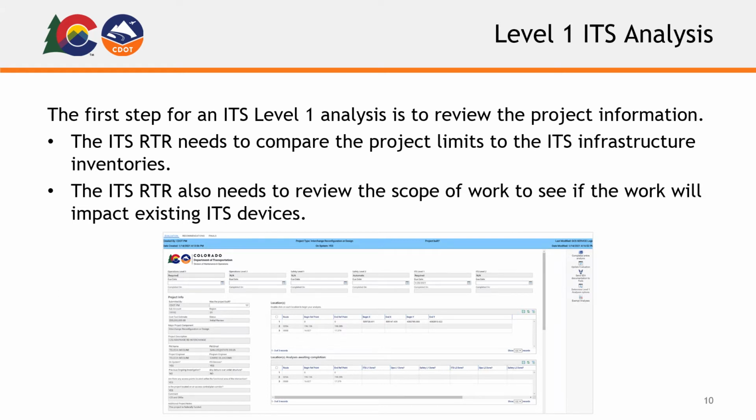The first step for an ITS Level 1 analysis is to review the project information. The ITS RTR needs to compare the project limits to the ITS infrastructure inventories. The ITS RTR also needs to review the scope of work to see if the work will impact existing ITS devices.